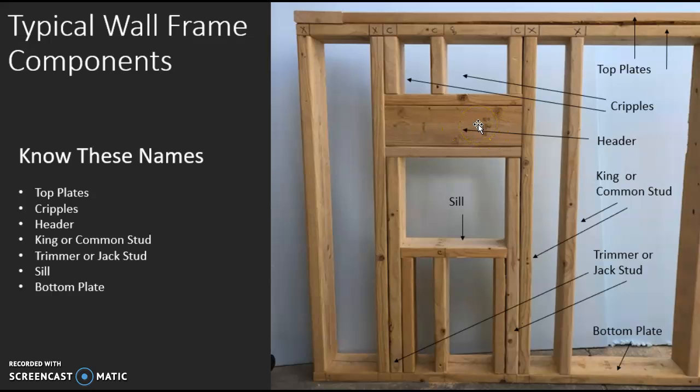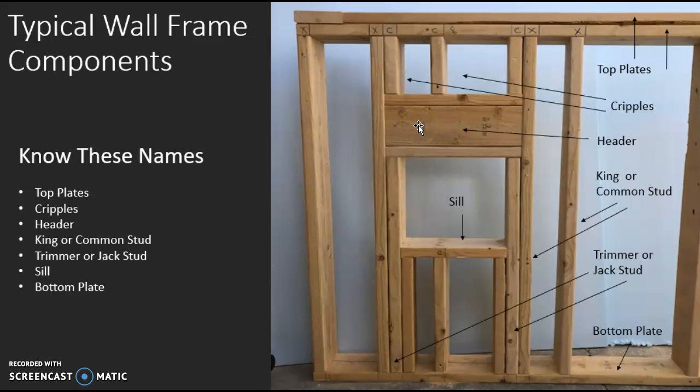Now, the purpose of the header and the purpose of the whole wall is obviously to support the house. What the header does is allow us to put openings in walls without compromising the structure of our house. So what a header does is transfer the loads or the weight of the house away from the window.